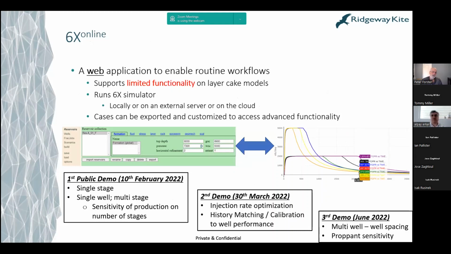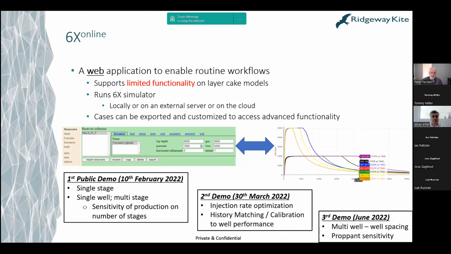So getting the model set up, as I said, one way you can do that is you can use the 6Xonline program, which we talked about in the previous 2 demonstrations. Those are accessible from our website, by the way, if you want to go back and look at them.